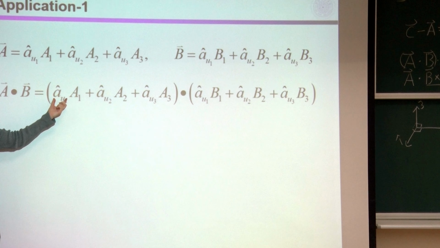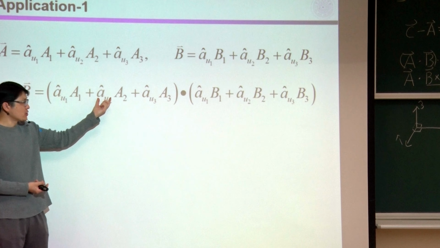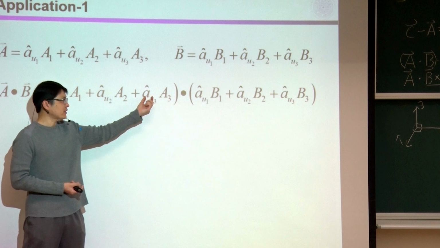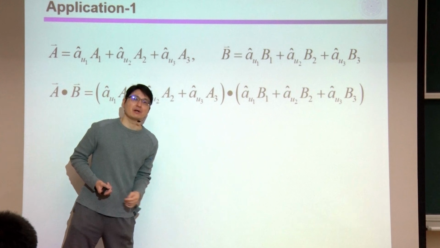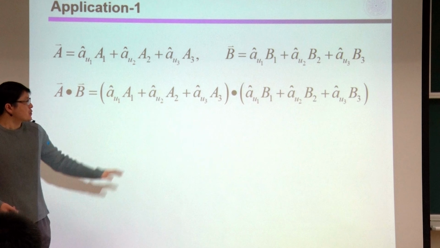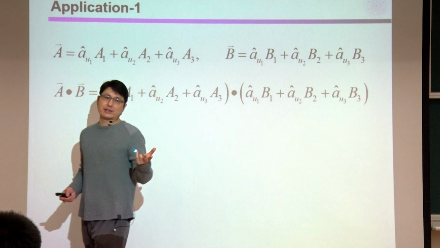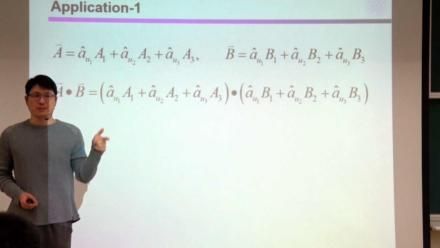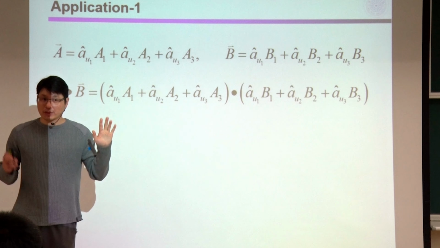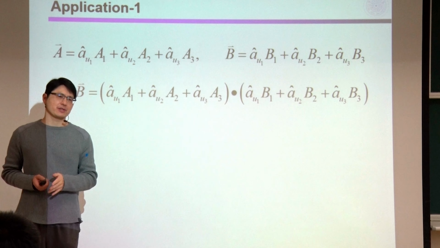Unit vector 1 with that length, unit vector 2 with that length, unit vector 3 with that length, and so on for B. So you have three components multiplied by three components, so ideally you would have 9 terms.